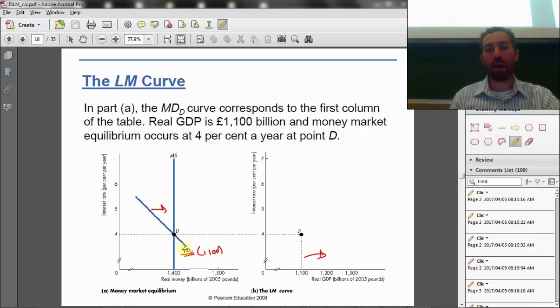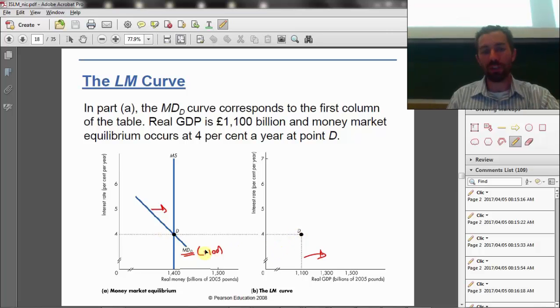Remember, my real money demand depends on my real level of output. So for this real level of output, this is the quantity of money I would demand at any given interest rate. My equilibrium is determined by where my money supply curve is. So given my money demand, MD0, and given my money supply, my equilibrium interest rate, given this level of output, will be 4%. So I can plot my point D.